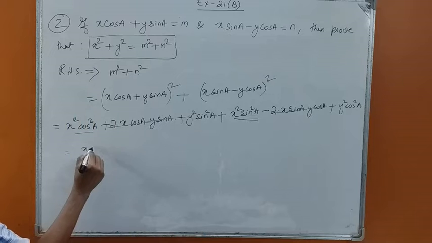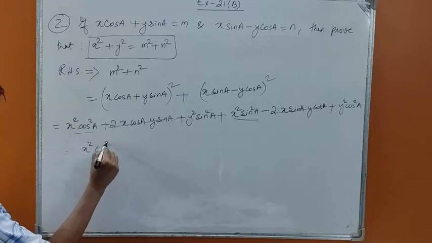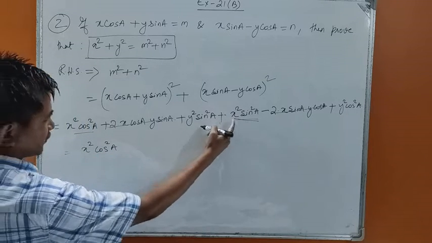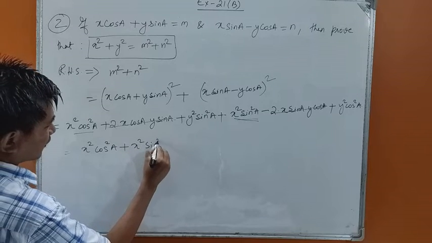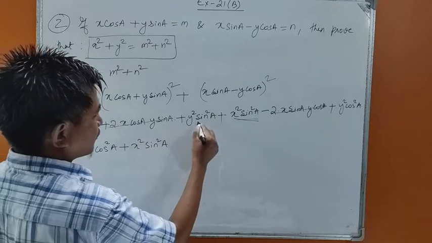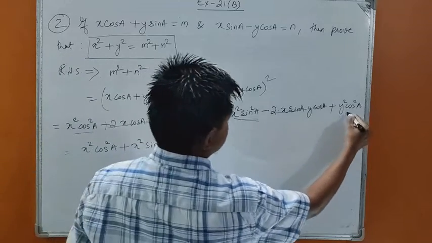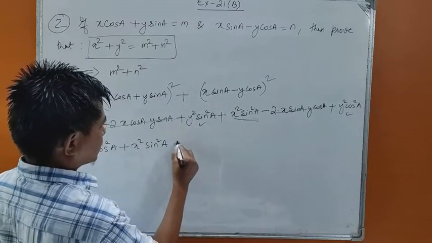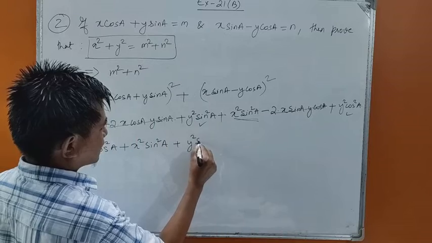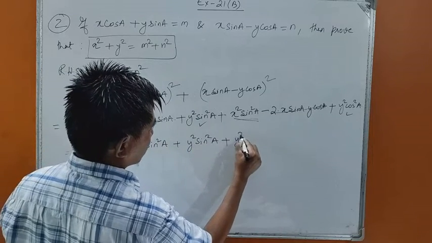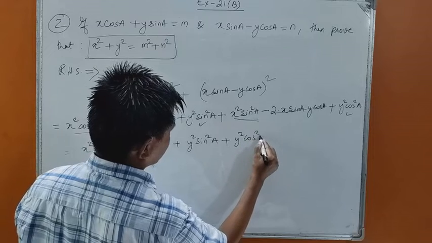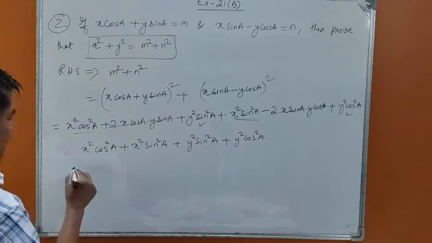Let's write together x square cos square a plus x square sin square a, plus y square sin square a plus y square cos square a. Are you getting me? Yes.